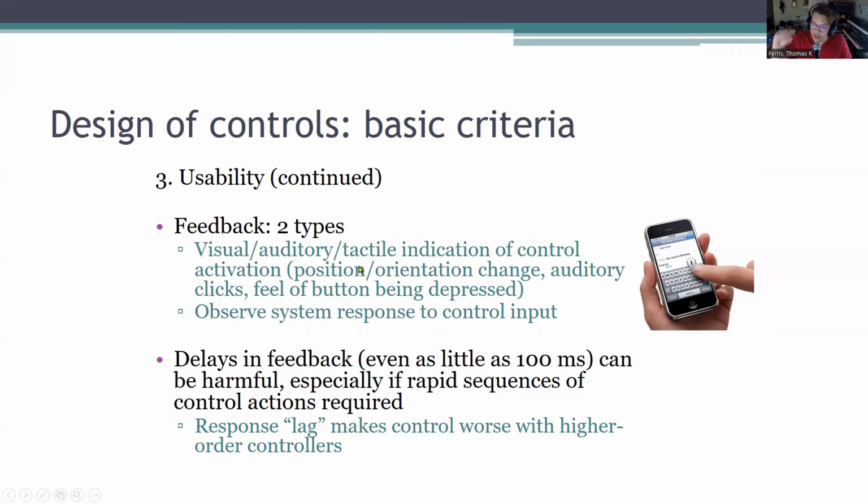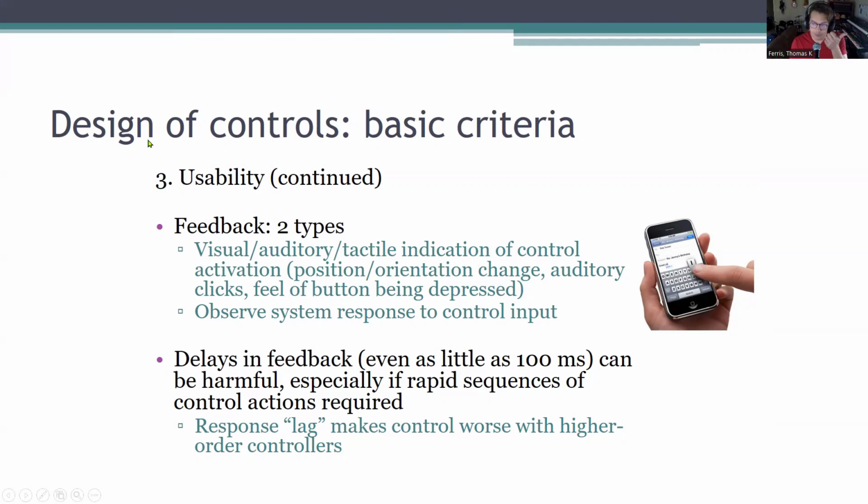But then also, if it's a larger system control, we would expect to see that in the system. So if I push the joystick this way, I expect to see some movement of a vehicle or whatever I'm controlling that maps to that. And if I can see it, that's my feedback that yes, my control input was accepted and is moving me closer to my goal.